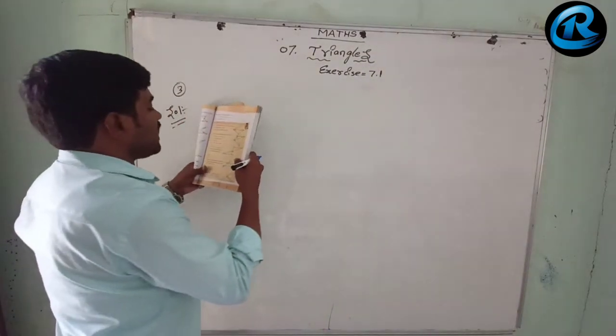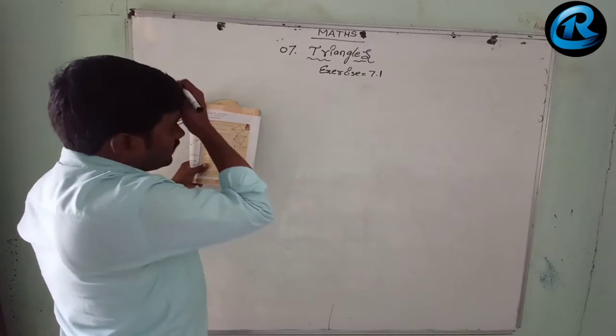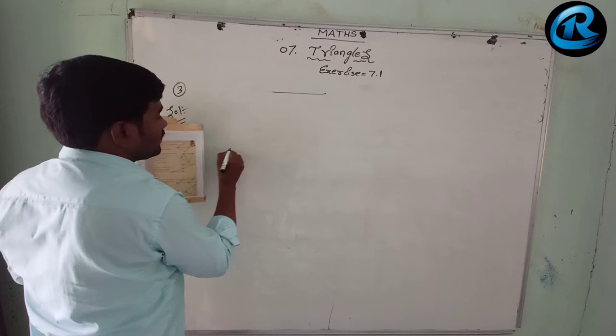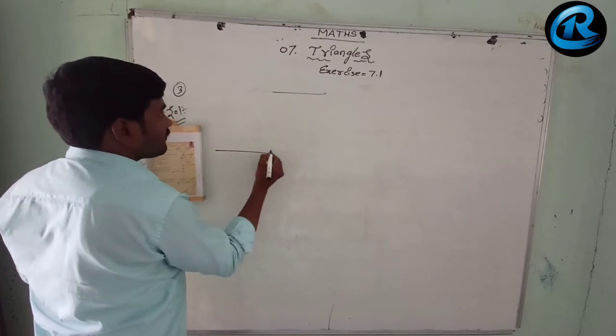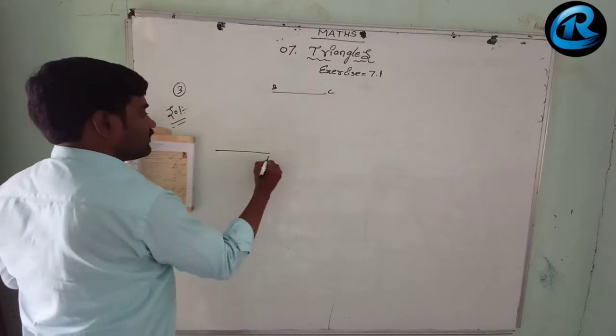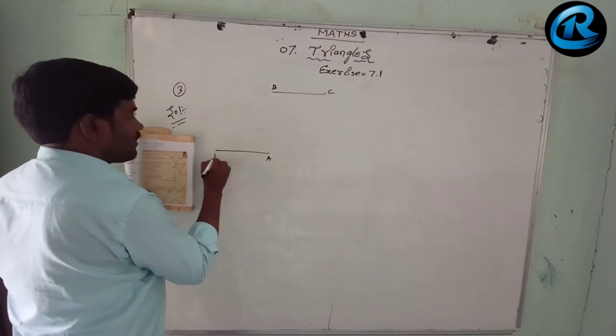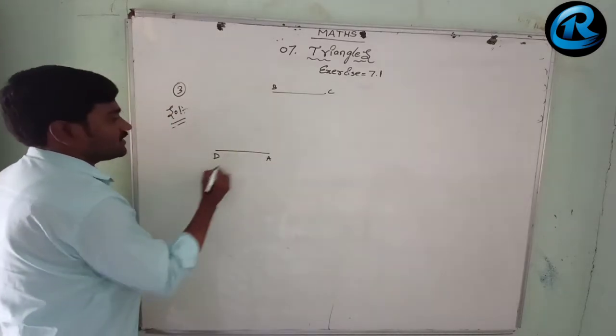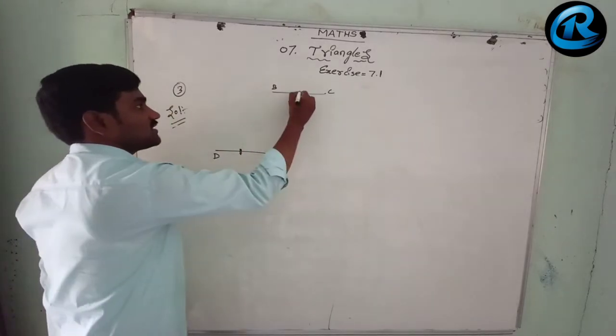AD and BC are two equal perpendiculars on AB. So here BC and AD are equal. These two sides are equal.